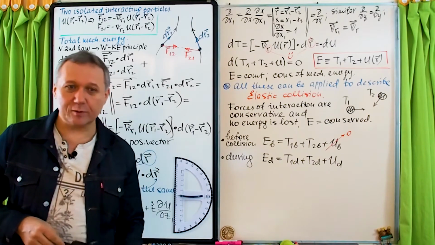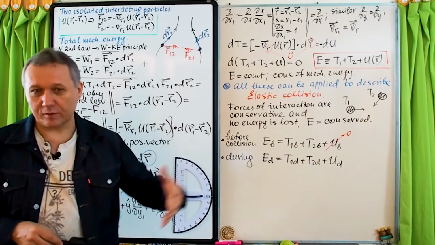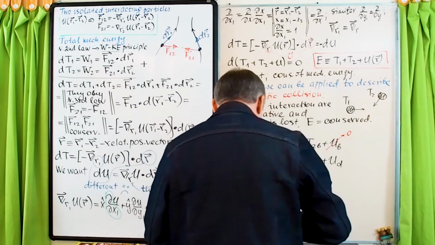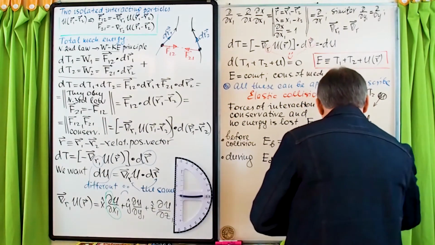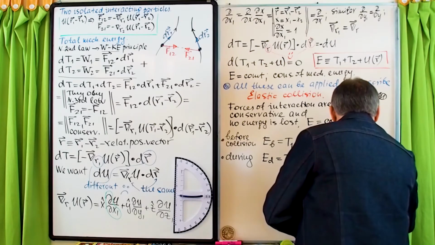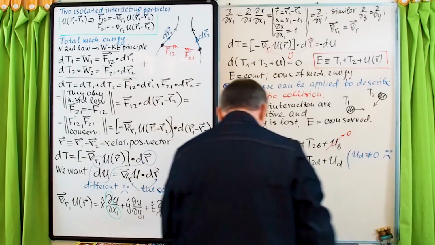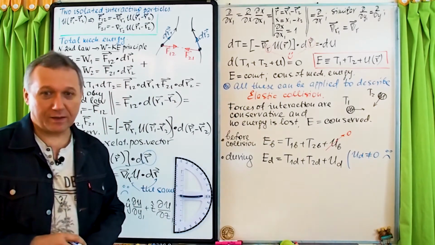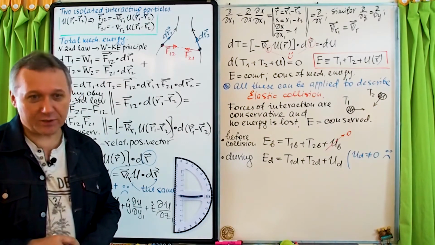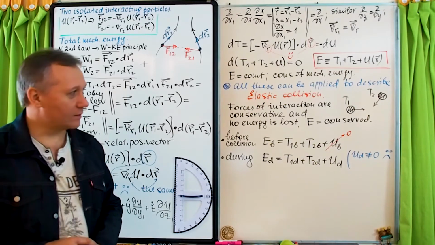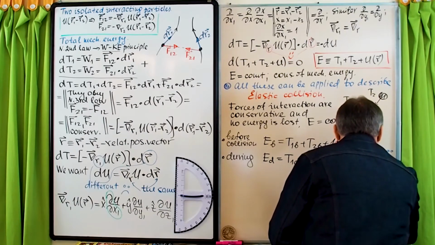Forces are not 0, and potential energy is not 0. So in this case, UD is not 0, and that potential is not that simple to model.